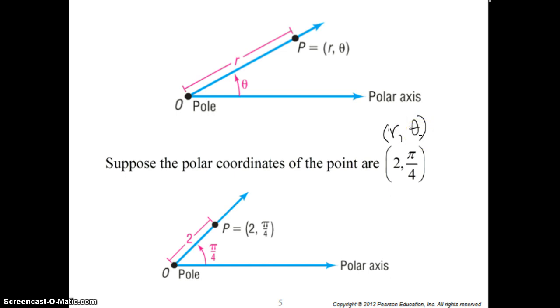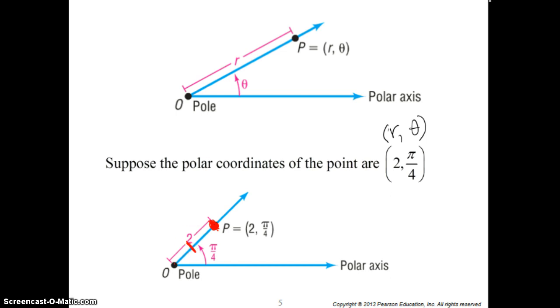So essentially you're going to rotate pi over 4 units, and then once you've rotated pi over 4 units, you're going to take 2 steps from the origin. 1, 2. And that's going to put your point right there. A rotation of pi over 4 units, and then you walk 2 steps away from the origin.